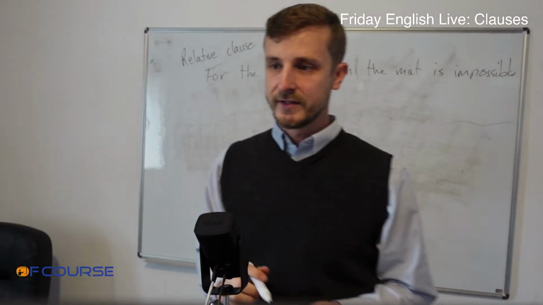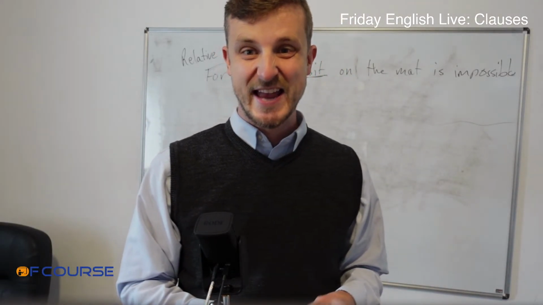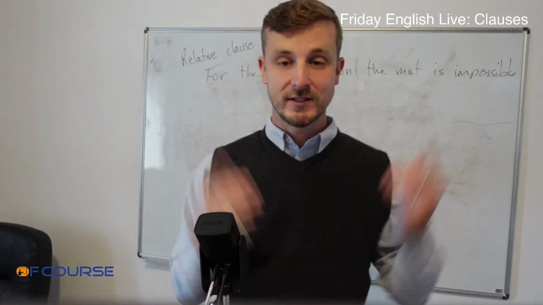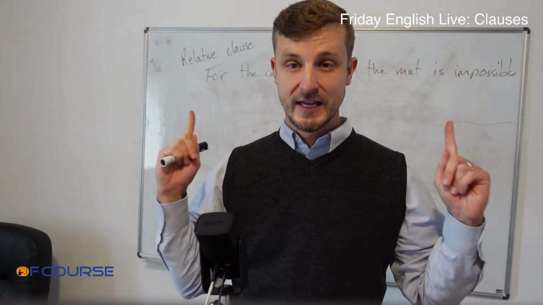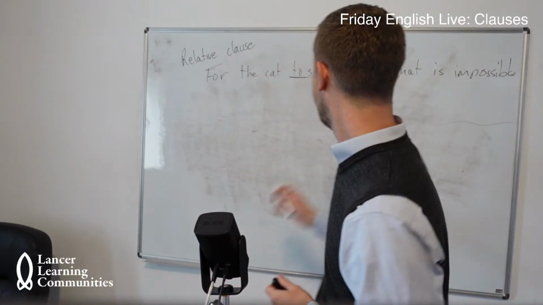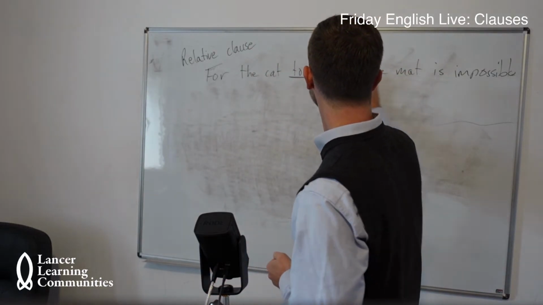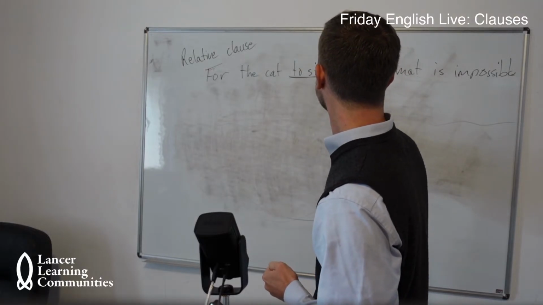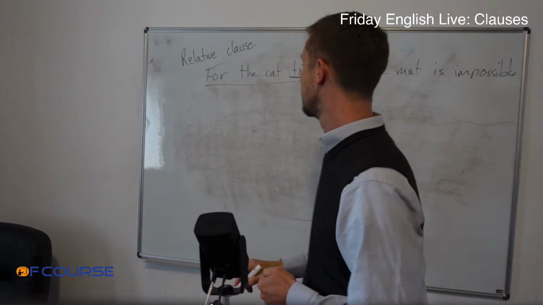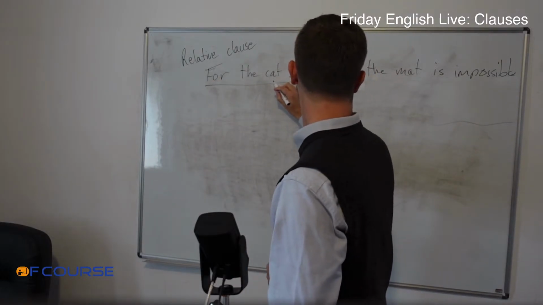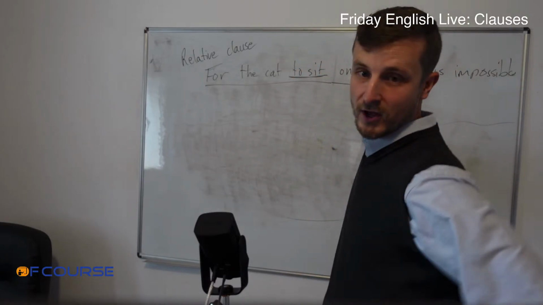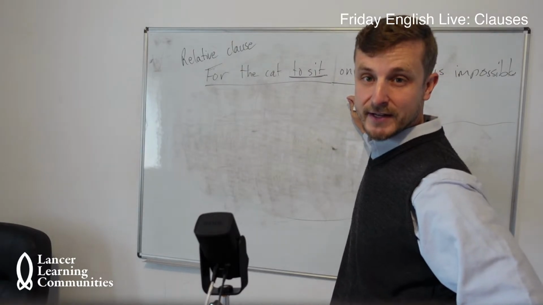Infinitive clause, a clause that contains an infinitive verb. All right, so this is kind of two clauses. This particular example is two clauses at the same time. Isn't that fun? So this is the clause right here: for the cat to sit on the mat.